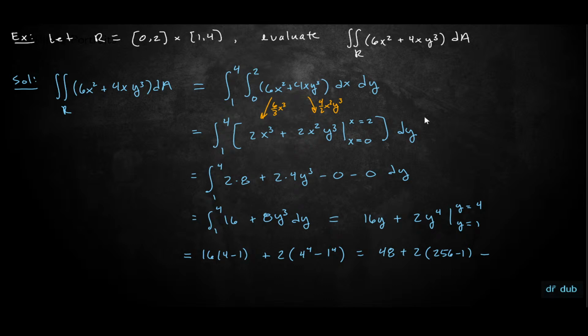I do believe this turns out to be 558. 512 minus 2 is 510, yeah, 558. And that is our answer.